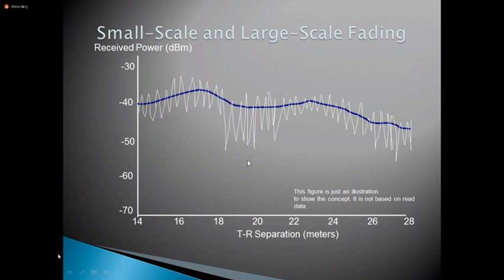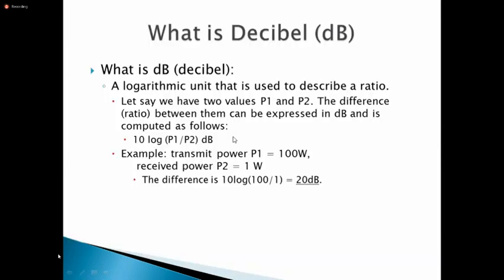ඔය දෙක තමයි propagation models වලින් තියෙන්නේ. Then decibel calculations ගැන මම කරා නේද? I did about decibel calculations and I hope you remember that.